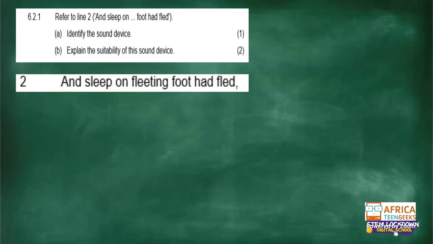So here they say refer to line 2. Okay, there's line 2. I have it for you. And then they say identify the sound device. Okay, so based on the sound devices that you guys know that we mentioned yesterday, what is the sound device from line 2?